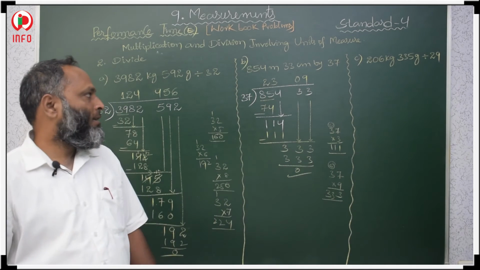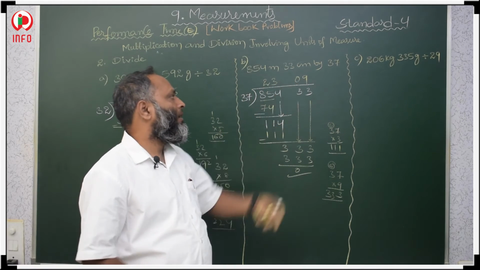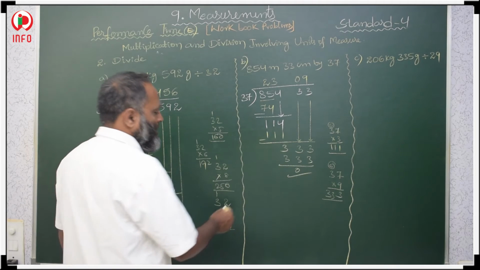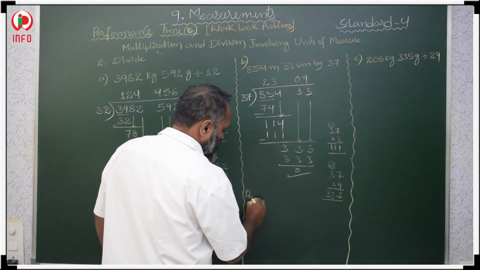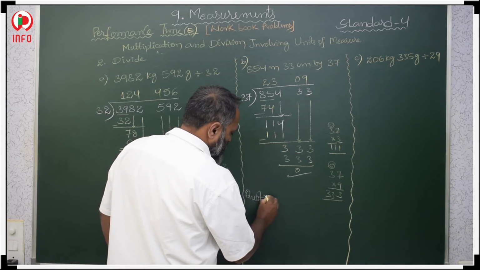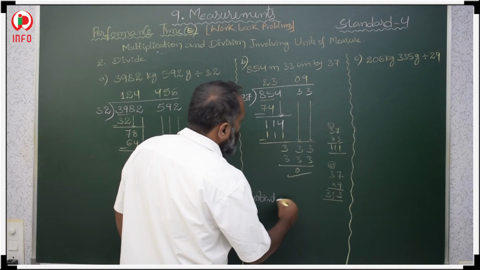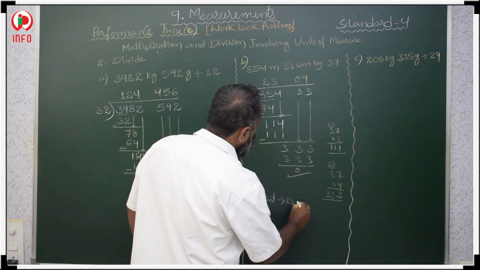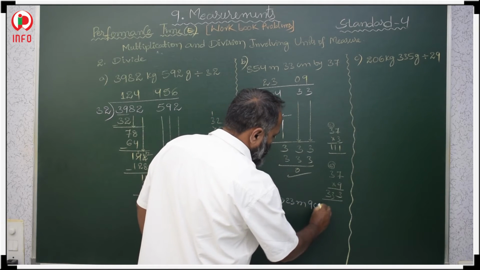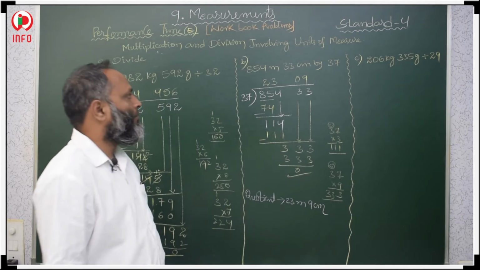The answer is 23 meters 9 centimeters. So quotient is our answer. So that is 23 meters 9 centimeters. Okay.